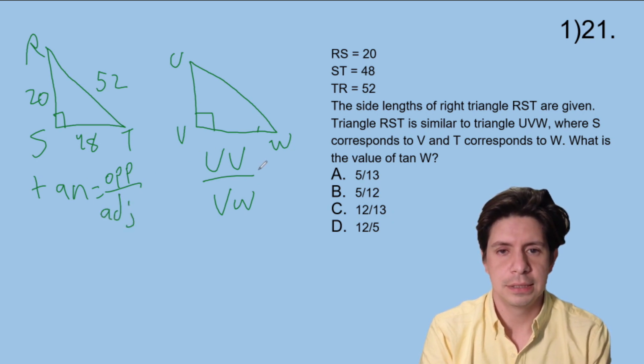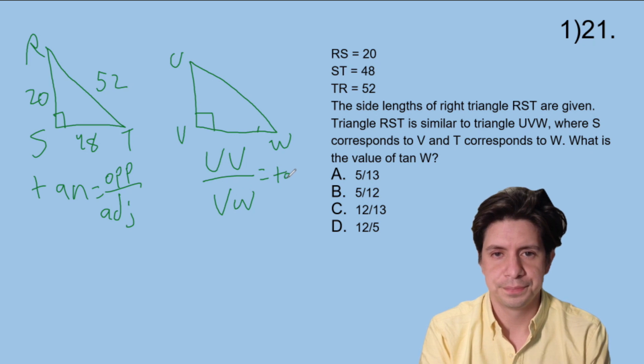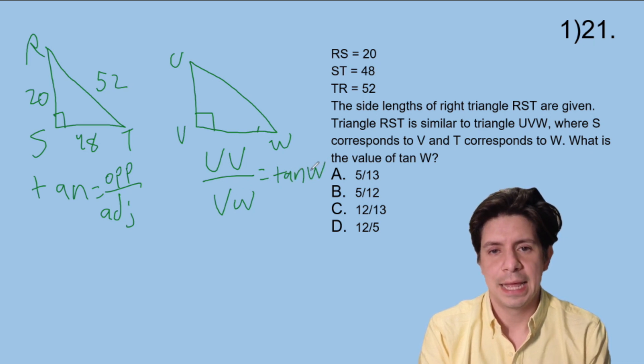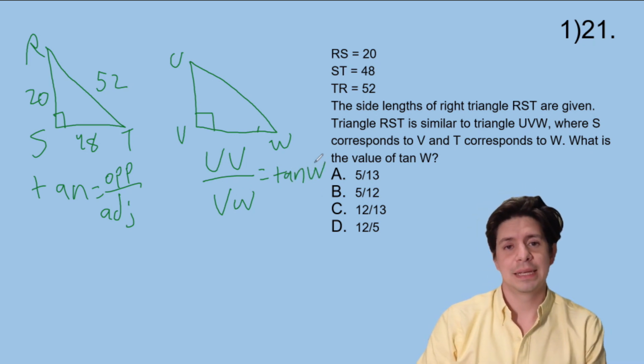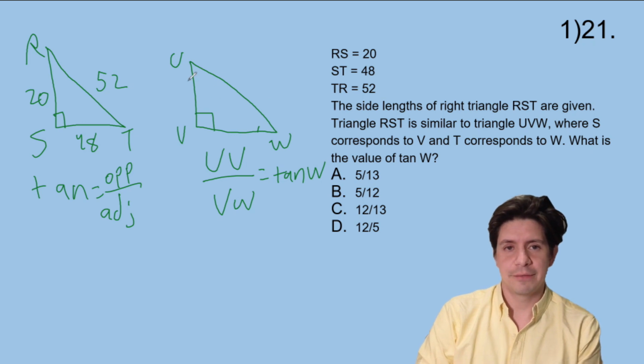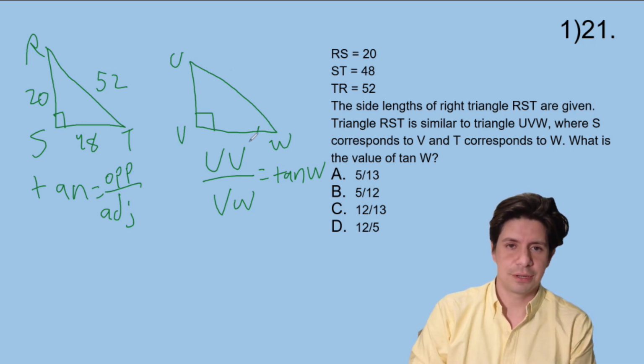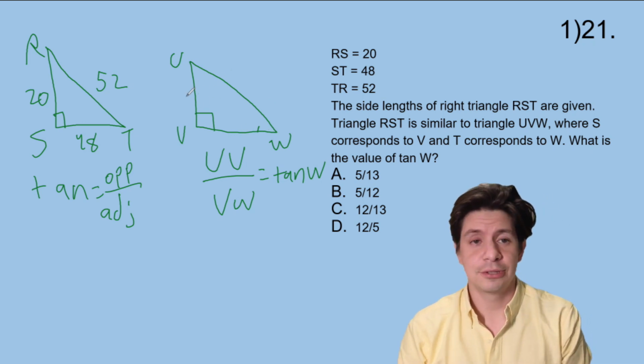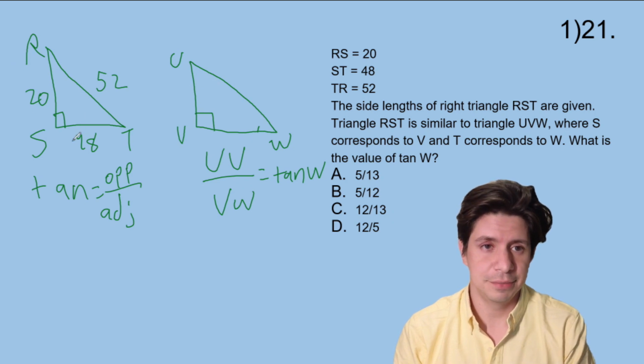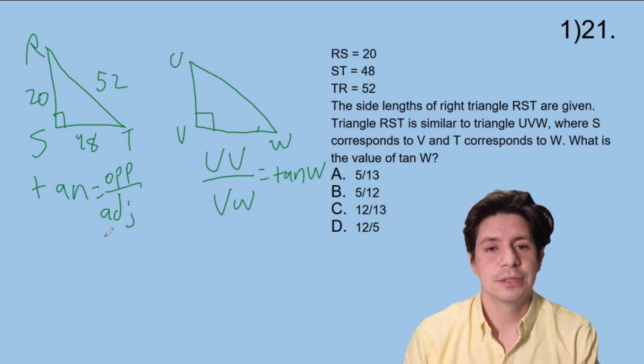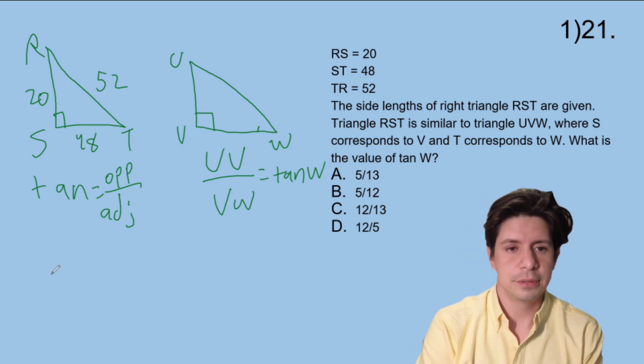So then this equals tan W. Now, if you remember, because they're similar, it doesn't actually matter what the values are here. It matters what the ratios are. And their ratios of sides are going to be the same as RST because they're similar, right? So we can just do tan W equals tan T.